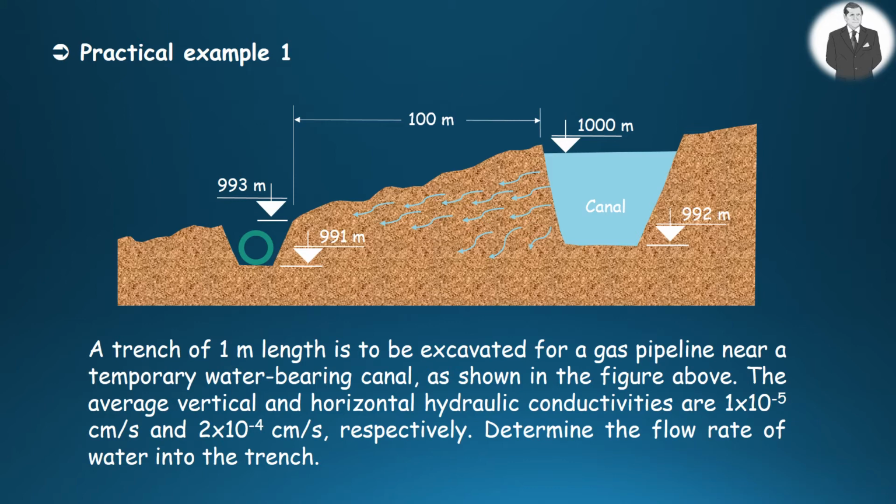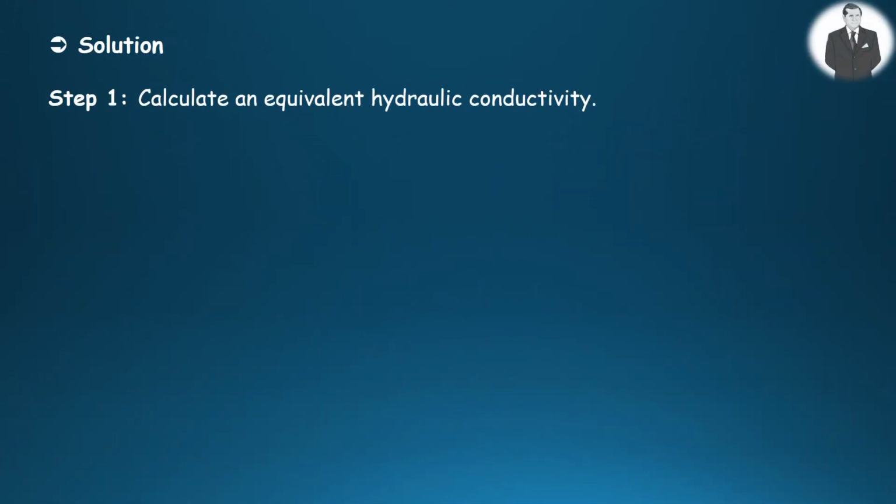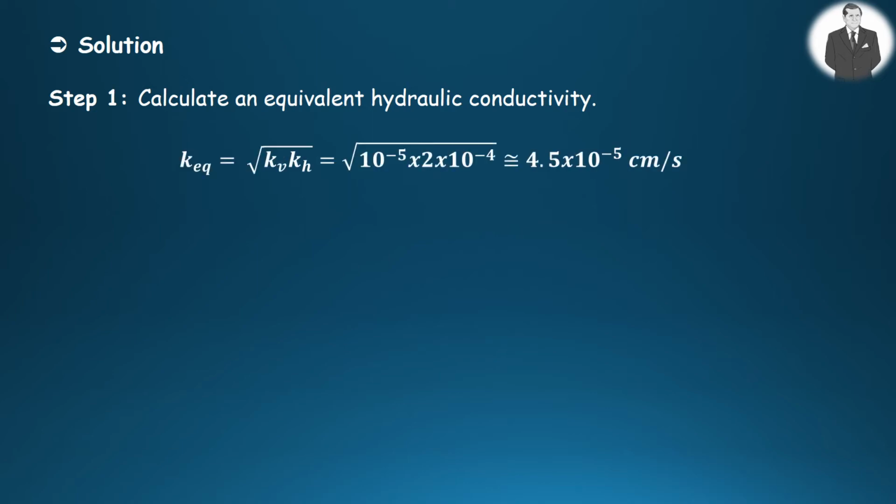You are required to determine the rate of flow of water into the trench. Now let us solve this problem step by step. Step 1. Calculate an equivalent hydraulic conductivity using the equation given here, since the vertical and horizontal permeabilities are known.